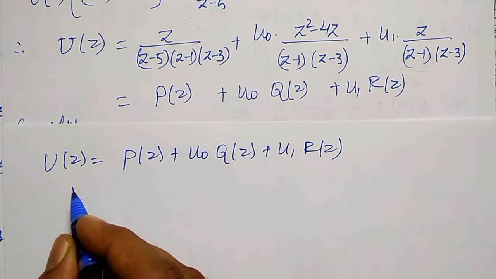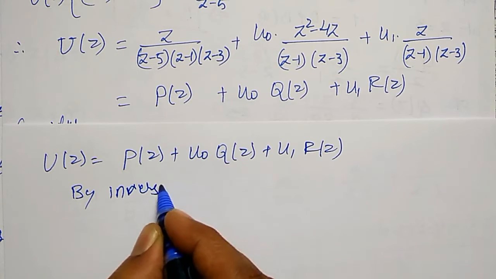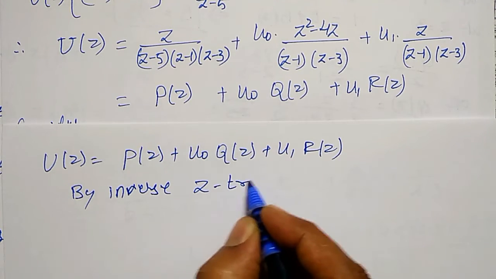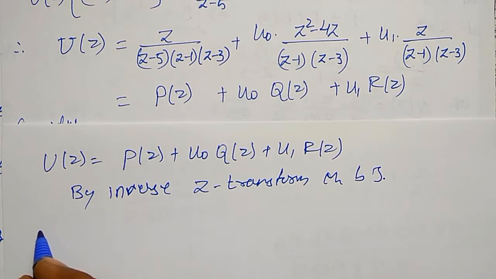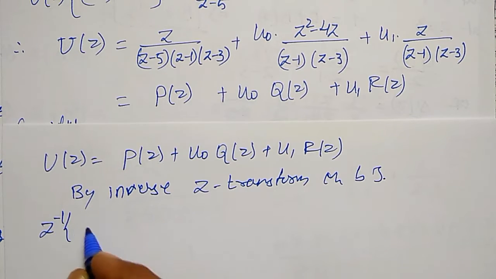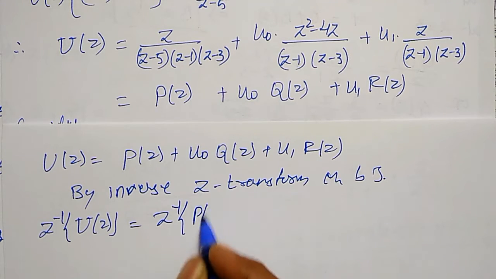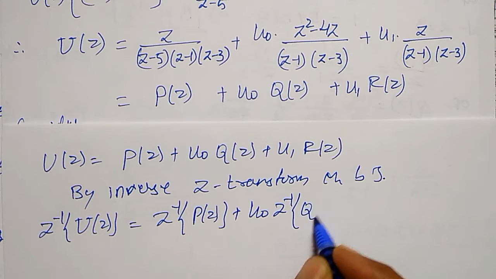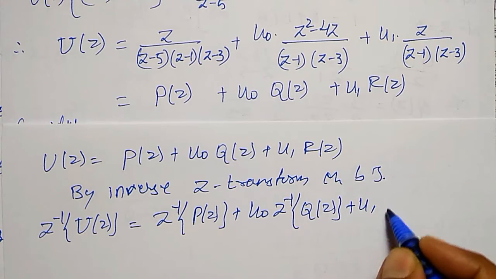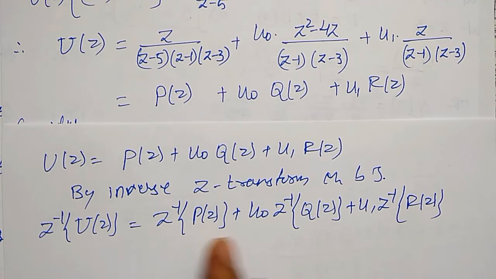Therefore, by applying the inverse z transform on both sides, I will get the inverse z transform of u of z is equal to the inverse z transform of p of z plus u naught into the inverse z transform of q of z plus u1 into the inverse z transform of r of z. All these three I have calculated. Let me use them one by one here.